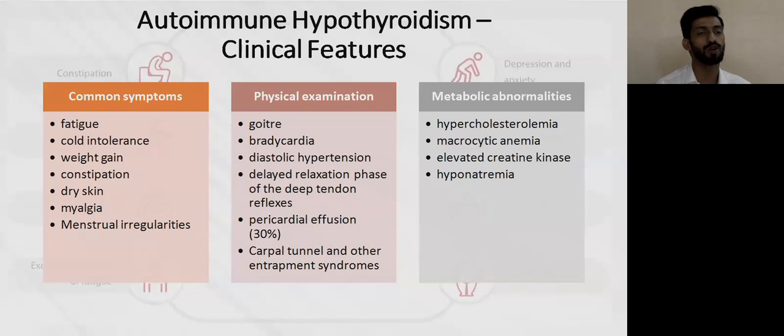Do not call a euvolemic hyponatremia SIADH unless euthyroid, normal cortisol, normal renal function. Never forget these 3 things. Okay. Sure. So you get a euvolemic hyponatremia. That's true, which is not SIADH.